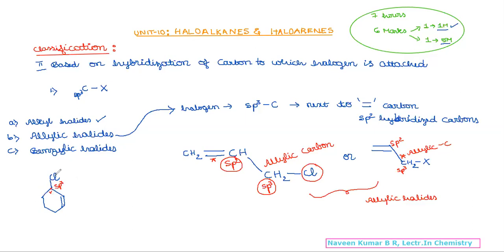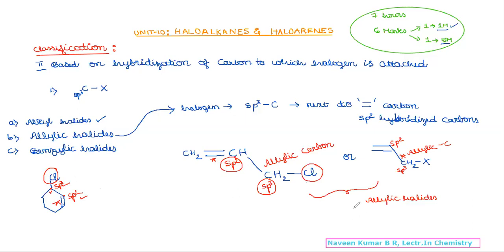Now, the halogen is attached to an sp3 hybridized carbon. If you observe the adjacent carbon here, it is surrounded by a pi bond, a double bond, and this carbon is in sp2 hybridization. So the halogen attached carbon is in sp3 hybridization, present next to an sp2 hybridized carbon. Hence, this is again an example of an allylic halide.